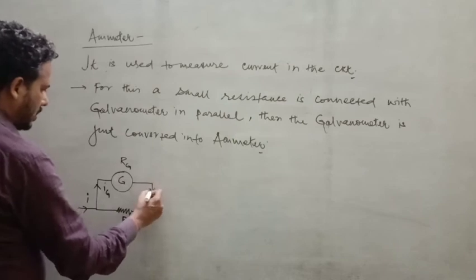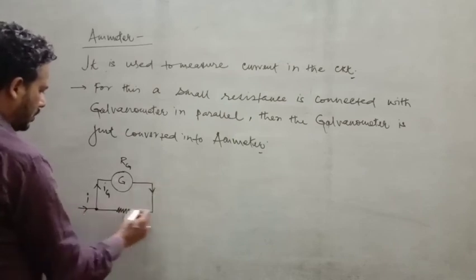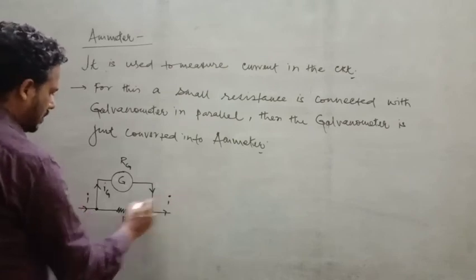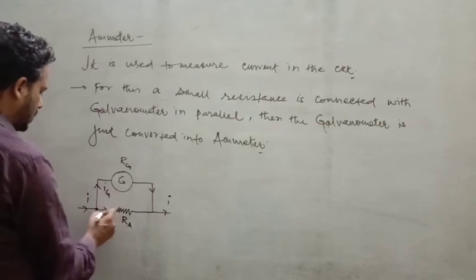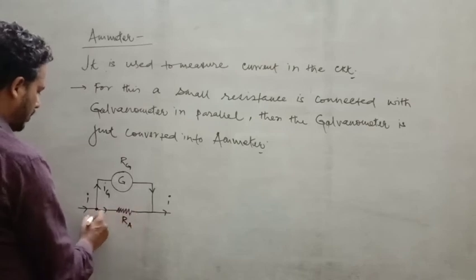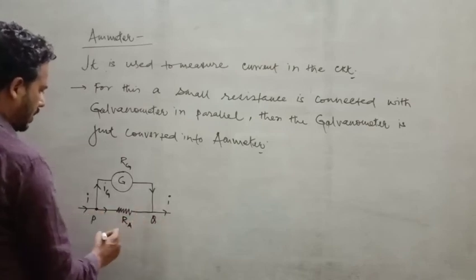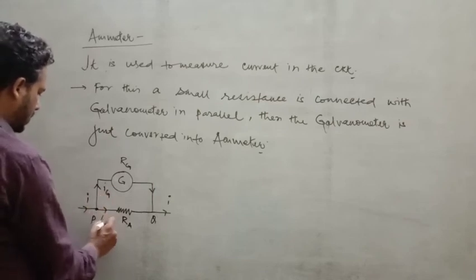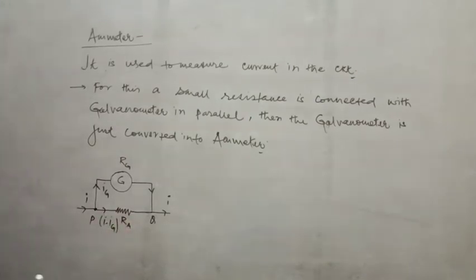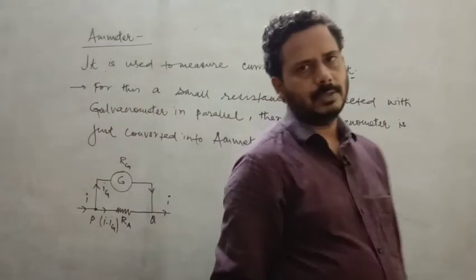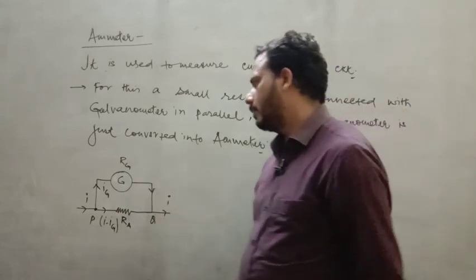Here there is a node, so the current gets divided into two parts. In the arm PQ, the current is I minus Ig. So this is a circuit diagram of an ammeter using a galvanometer.